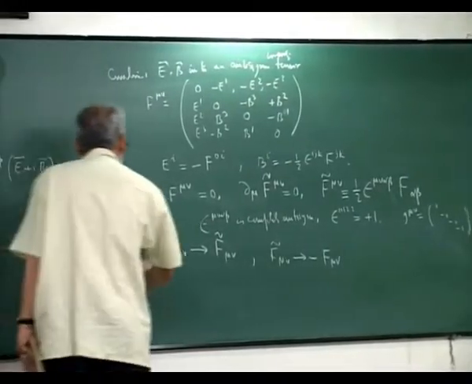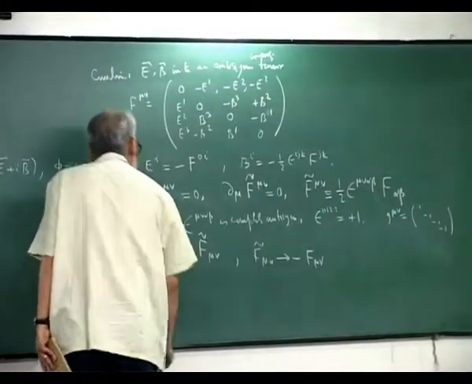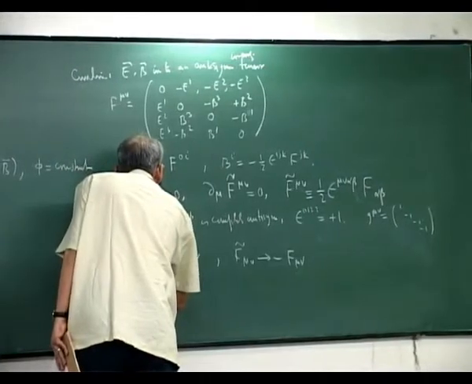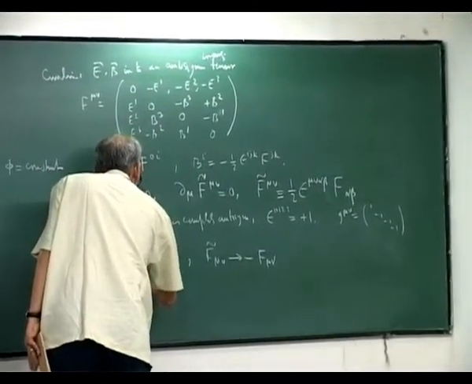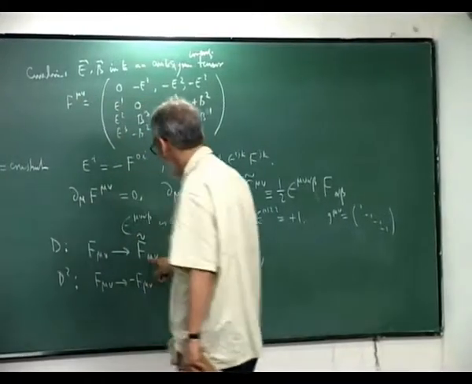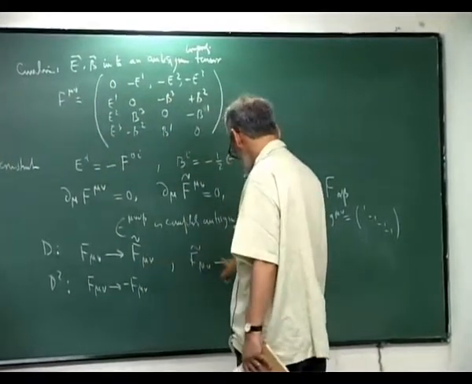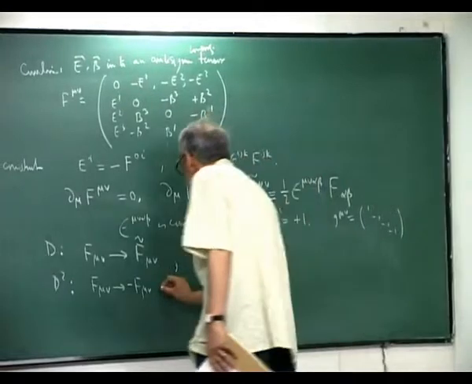And the same if I do the d square here: one takes it to F mu nu dual, the second takes it to minus F mu nu.